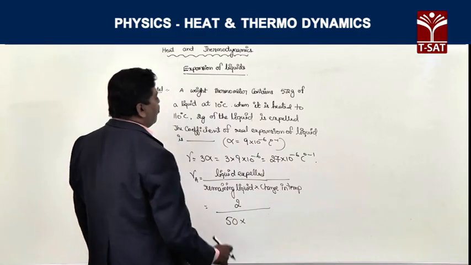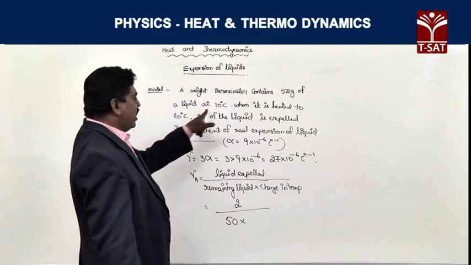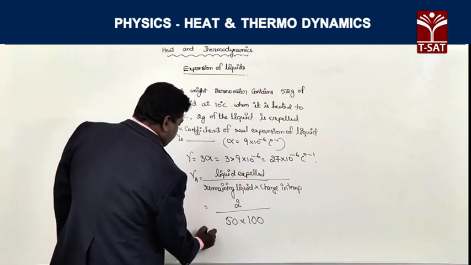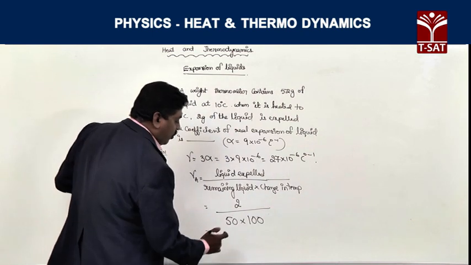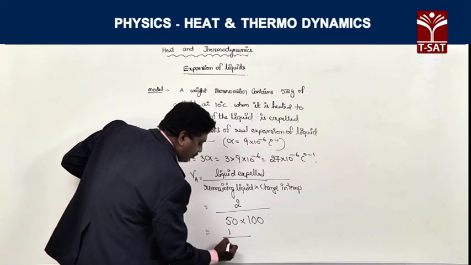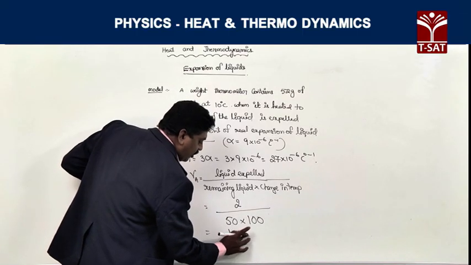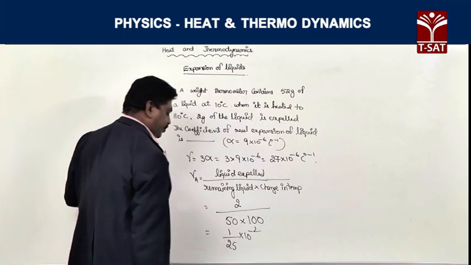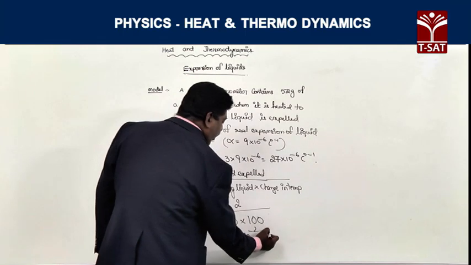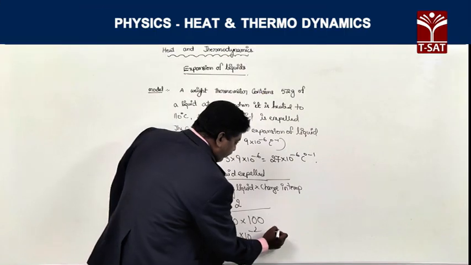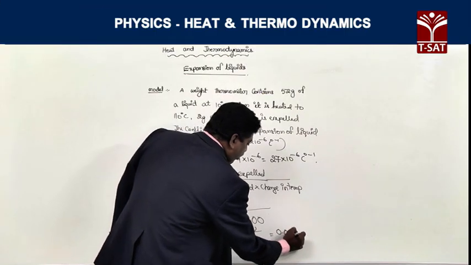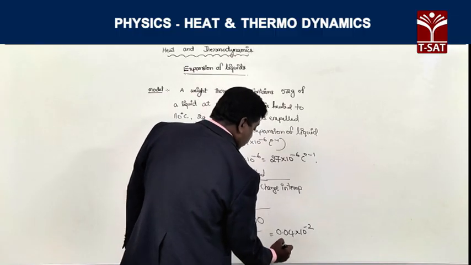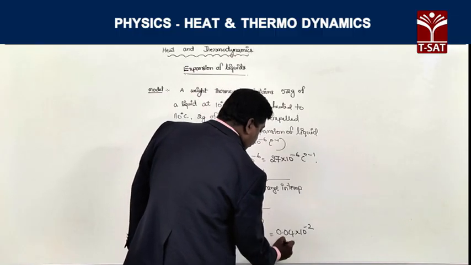The change in temperature is, from 110 if you subtract 10, you have 100. So we get the value as 1 by 25 into 10 to the power of minus 2, and 1 by 25 is 0.04 into 10 to the power of minus 2, which can be given as 4 into 10 to the power of minus 4.